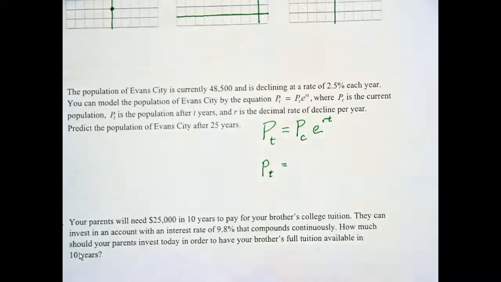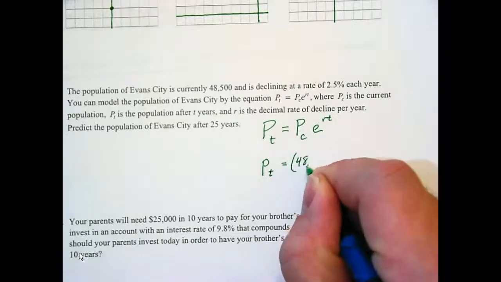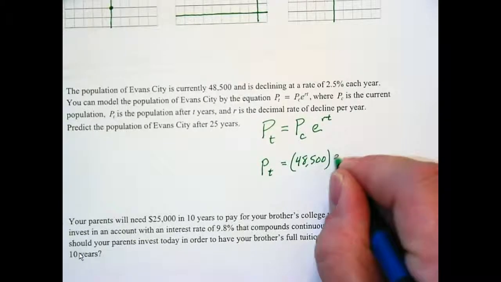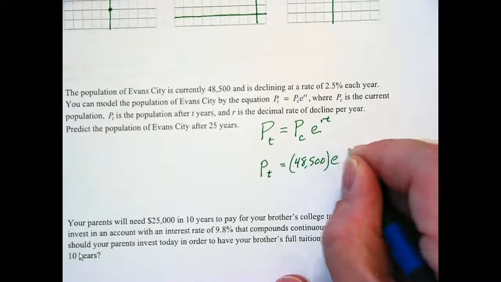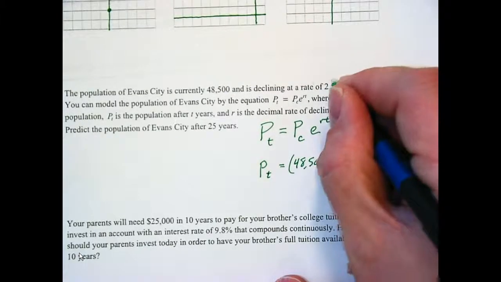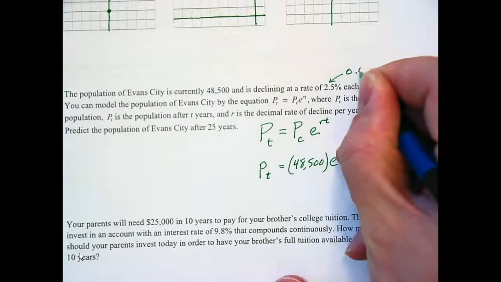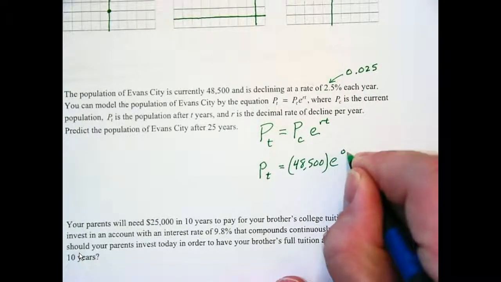So P sub t is equal to the current population, 48,500, times e, which we'll just leave as e. And what's our rate? In decimal form, 0.025.